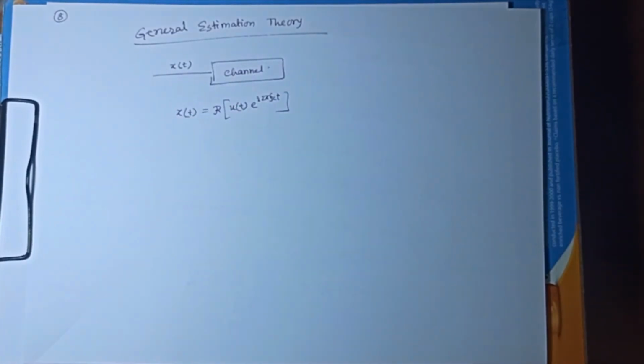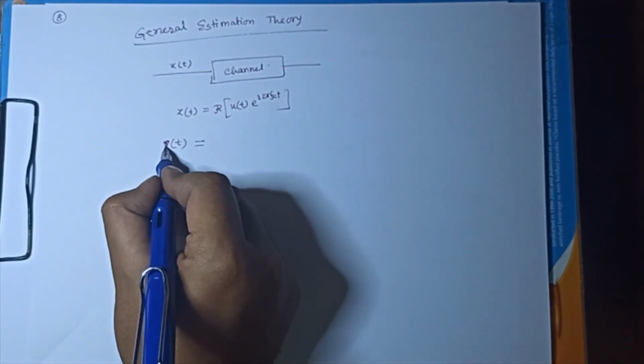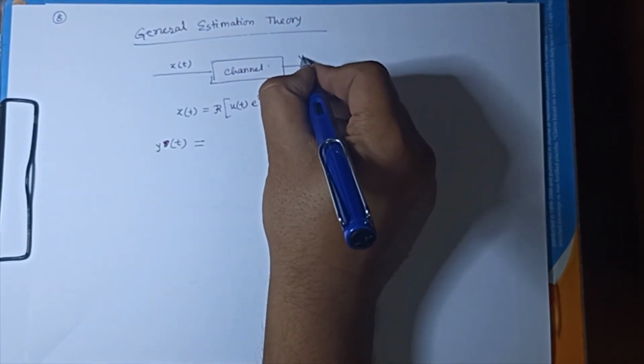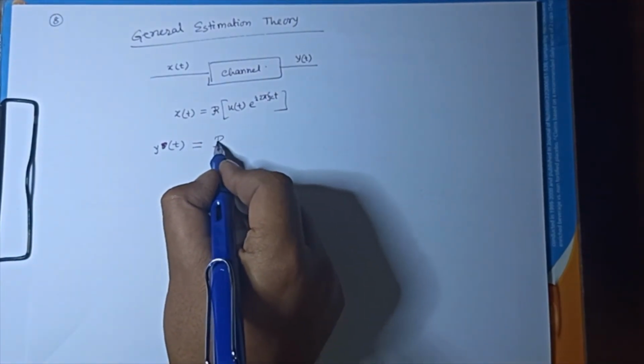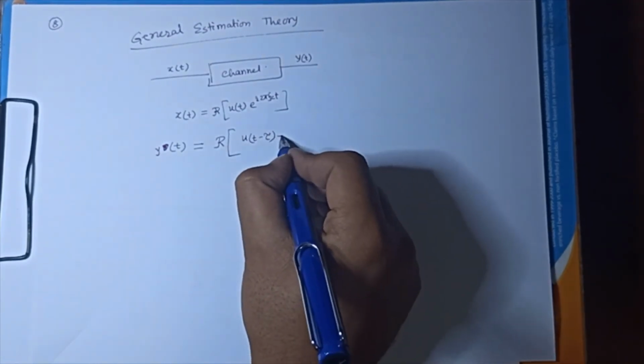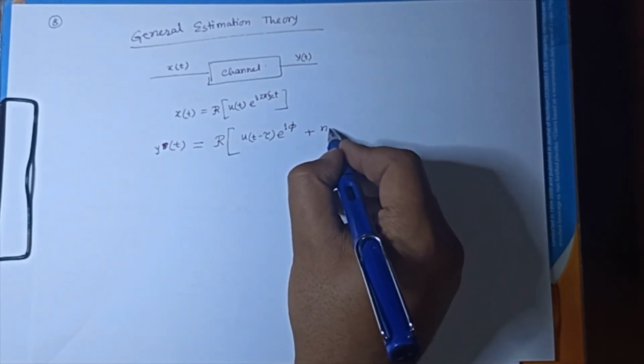This is your passband channel, real channel. Now what you are receiving here is some delayed and phase distorted form. I should not write R, I should write Y, yt. R is after the matched filter. So this is yt. Y is nothing but the real part of u t minus tau, some delay, and e to the power i phi, some phase also, and some noise. So this is say baseband noise.